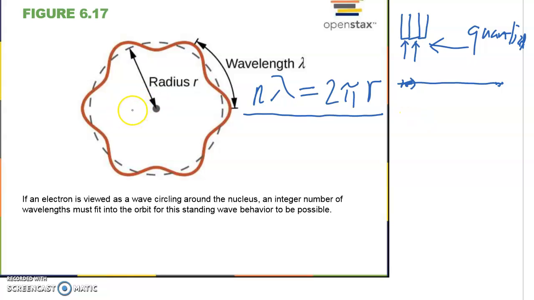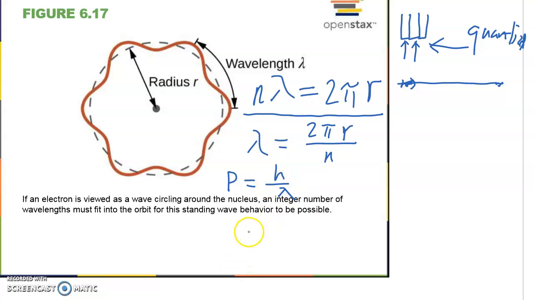So in the Bohr model, what he proposes is n lambda equals 2 pi r. So in this case, if we isolate lambda, we get 2 pi r divided by n. And if you put that into the de Broglie relation, momentum is equal to the Planck constant divided by lambda.